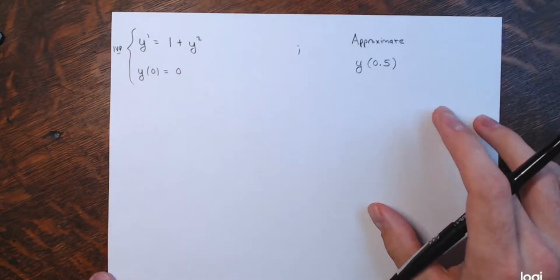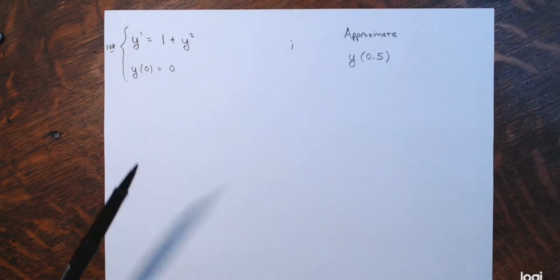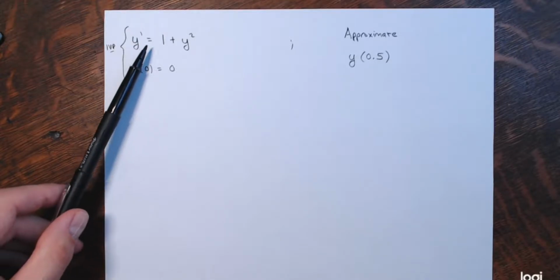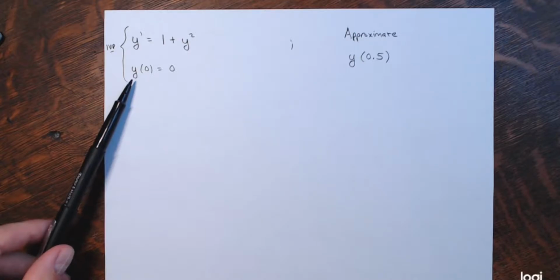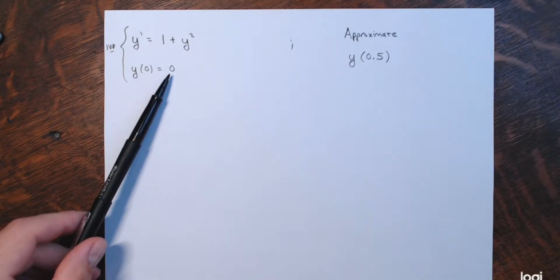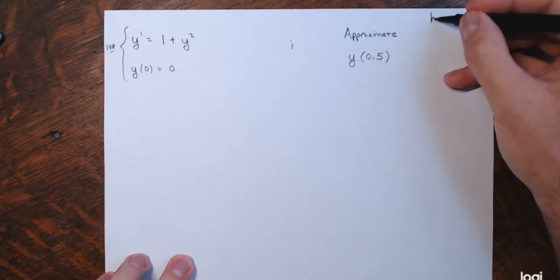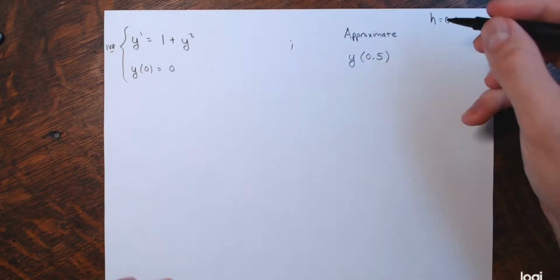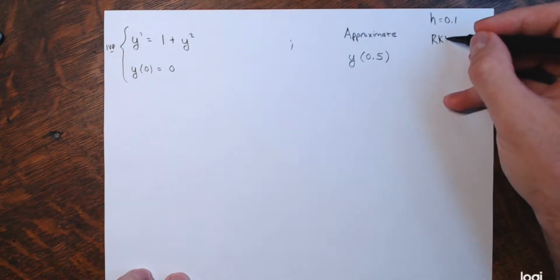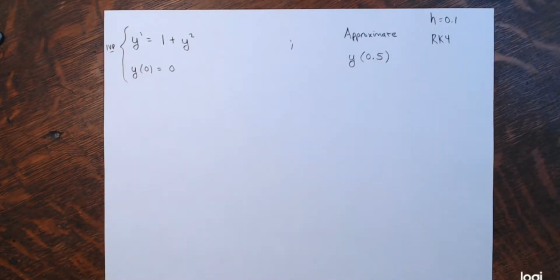All right, so my next example, and this is another example that I used in the improved Euler method video, where the initial value problem is y prime equals 1 plus y squared, and the initial condition y at 0 equals 0. And again, we're asked to use h equals 0.1, using that RK4 method, that Runge-Kutta 4 method, to approximate the value of y at 0.5.